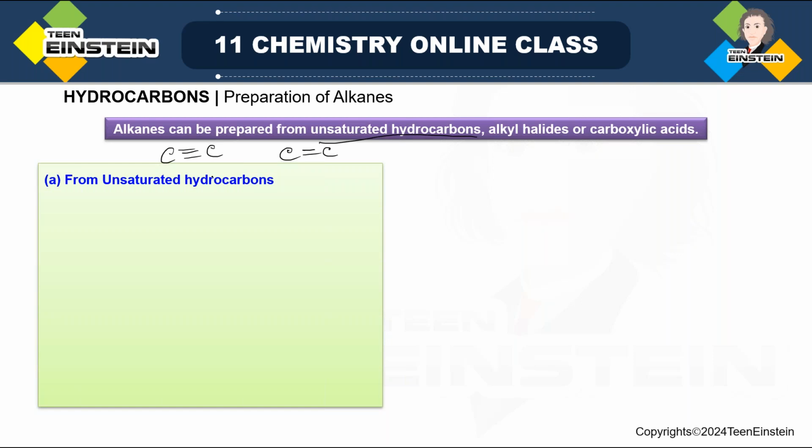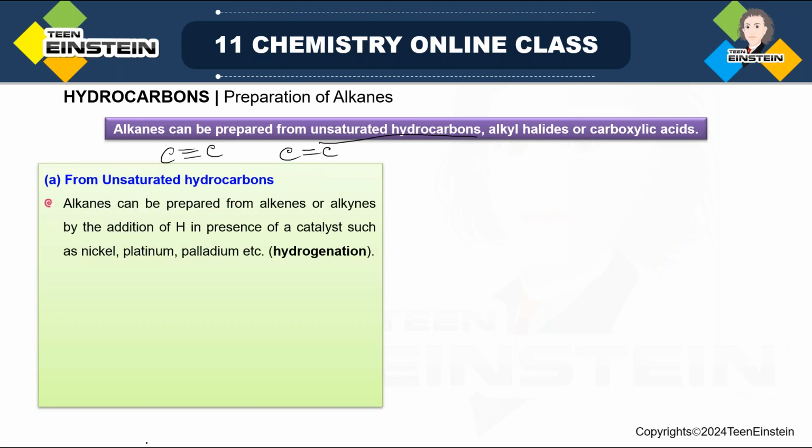First point, unsaturated hydrocarbon. So alkanes can be prepared from alkenes or alkynes. And how? The first discussion we are going to do is by the addition of hydrogen in the presence of some catalyst. This catalyst may be nickel, palladium or platinum.